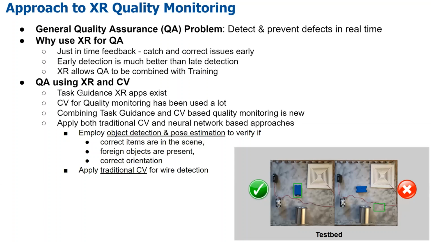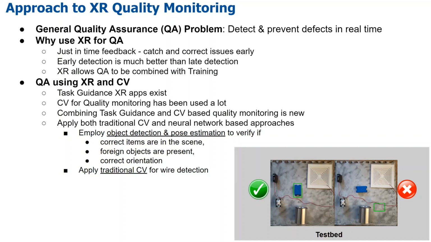The general QA problem or quality assurance problem is simply to detect and prevent defects, ideally in real time. It is the real-time aspect that provides the strongest motivation for using extended reality or XR for quality assurance.